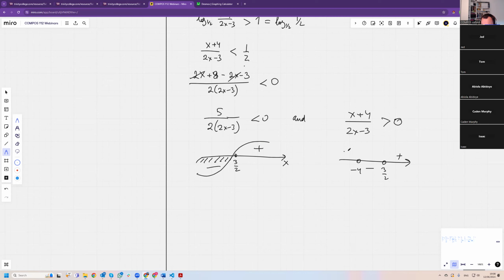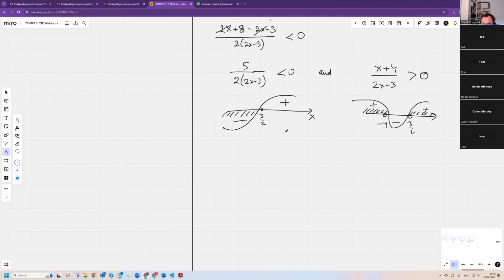So positive, negative, positive. We're interested in the positive. So the only place where both inequalities are satisfied is from minus infinity to minus 4. Both satisfied.